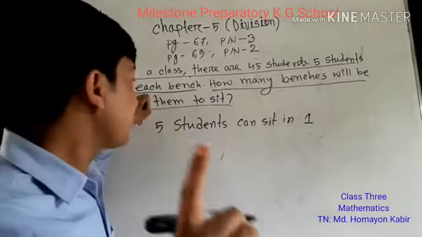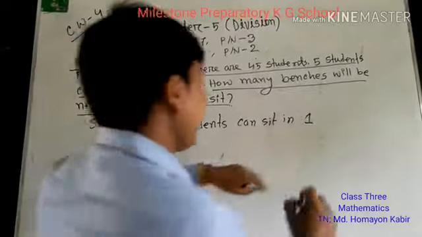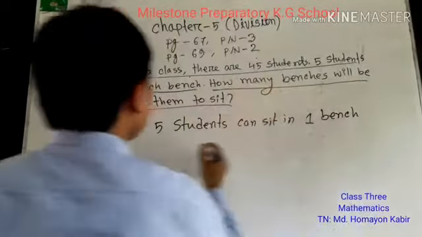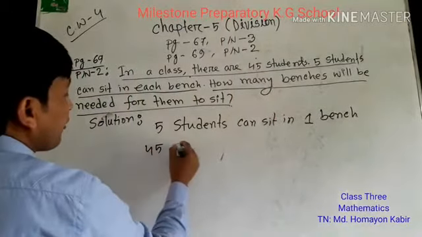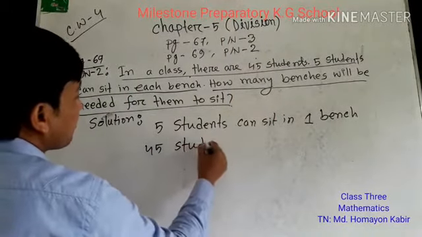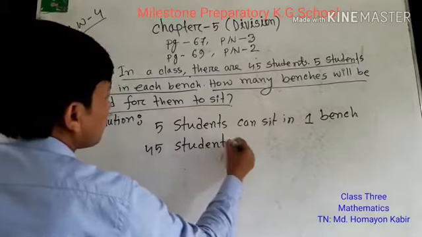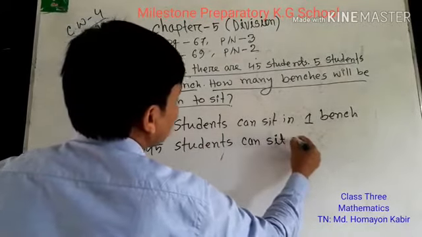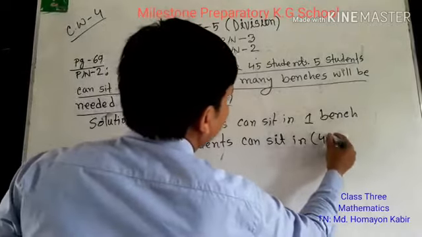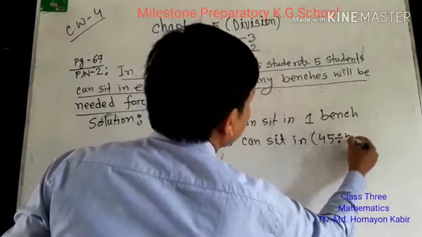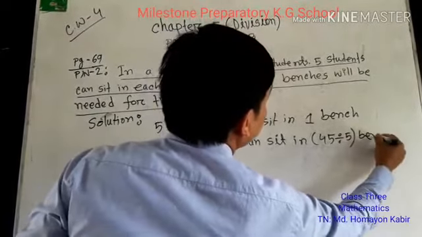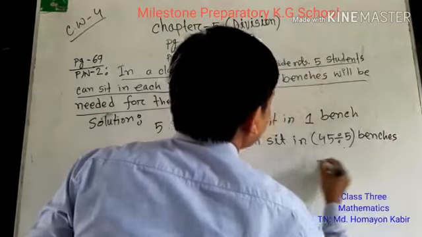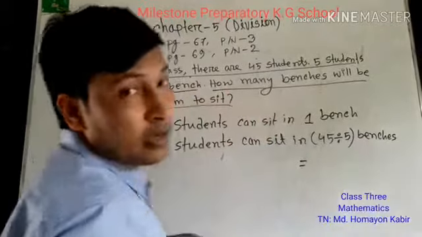Is means one. That's why I have written here one. Okay, one bench. Now, 45 students can sit in 45 divided by 5 benches. What will you do now?